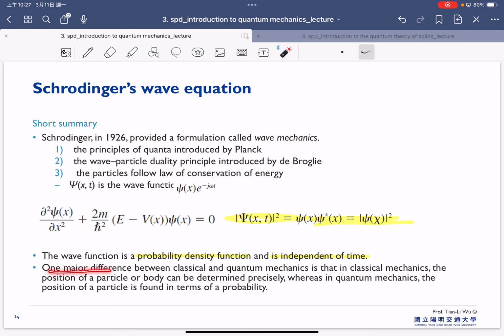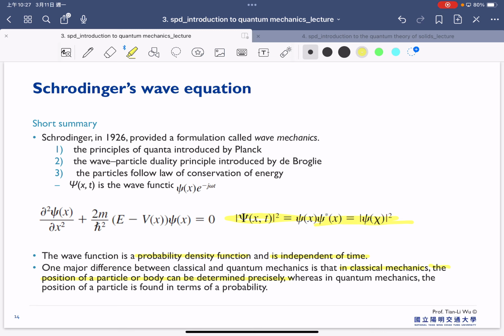One major difference between classical and quantum mechanics is that in classical mechanics, the position of a particle or body can be determined precisely. I think that's no doubt. In general, like Newton physics, we can easily and precisely determine everything.